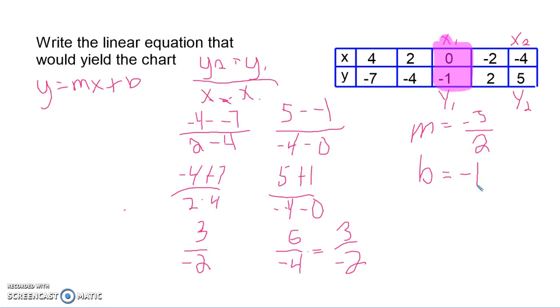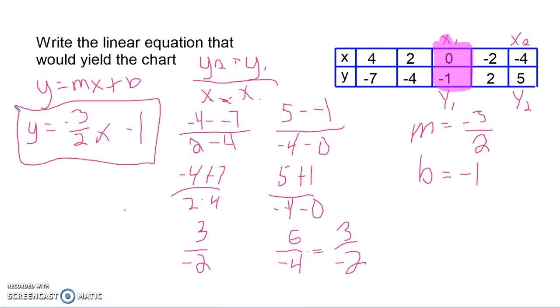So if we write out our equation y equals mx plus b, we have y equals m, which is our slope, -3/2 x. We could put plus -1, but plus a negative is the same as minus, so we're just going to put y equals -3/2 x minus 1. And that is the linear equation that would yield that chart.